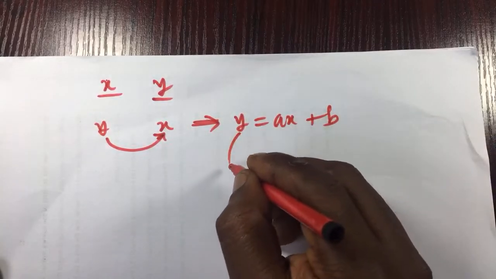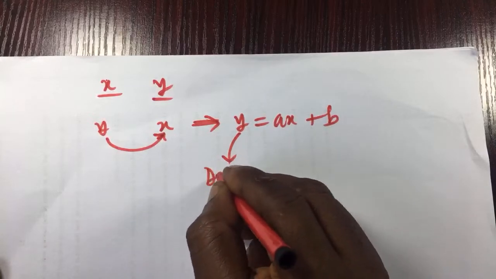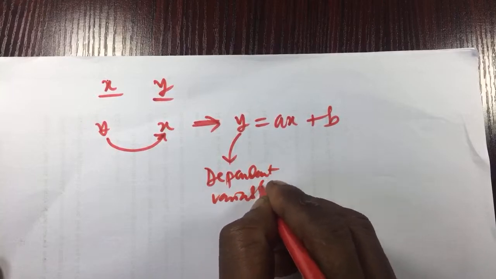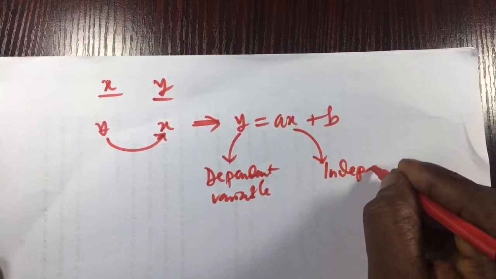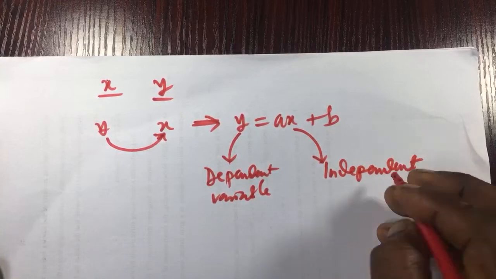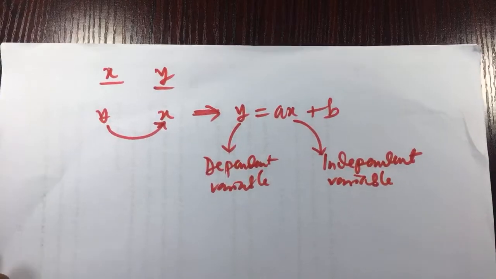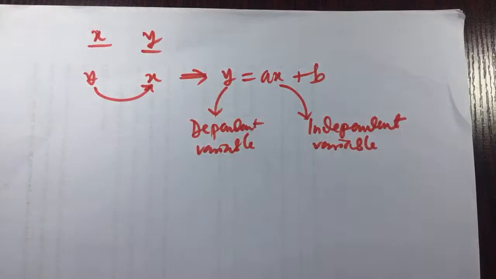What was y in this case? When you regress y on x, y becomes the dependent variable, okay? And x acts as the independent variable. So again, I'll repeat that. When regressing y on x, it makes y the dependent variable and x the independent variable.